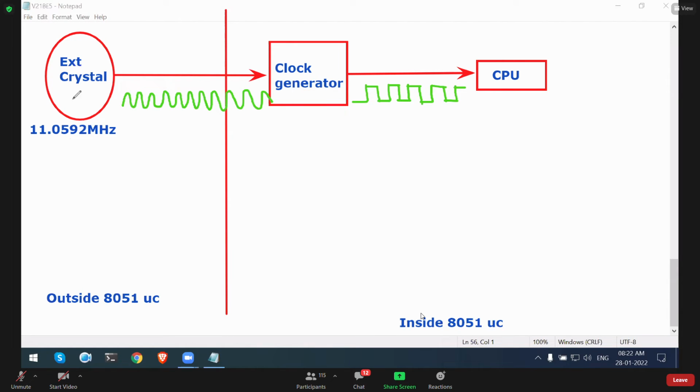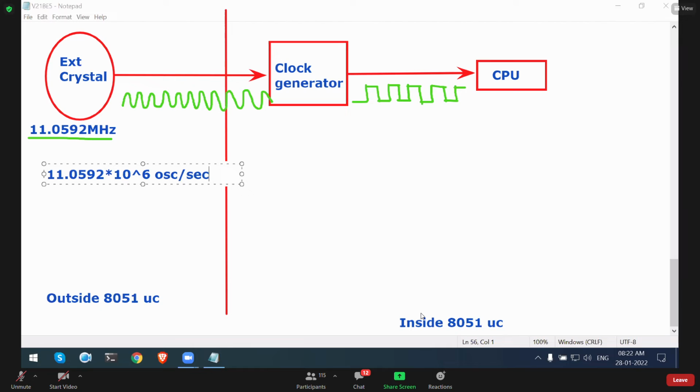If the crystal oscillator value is 11.0592, then this crystal oscillator can generate 11.0592 into 10 raised to 6 oscillations in 1 second.